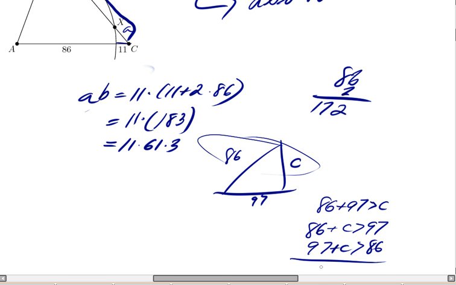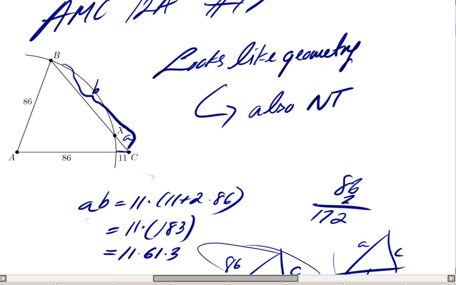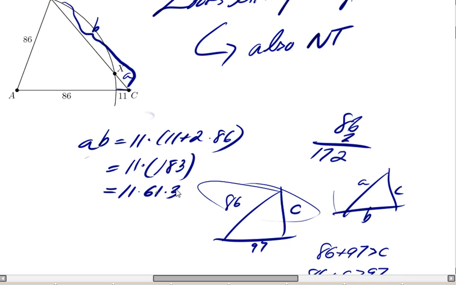Although this case is trivially true, since C is positive. And in general, for a triangle, for any pair, the sum of them has to be greater than the third. So we need to be careful that the factorization of AB that we pick satisfies this condition.